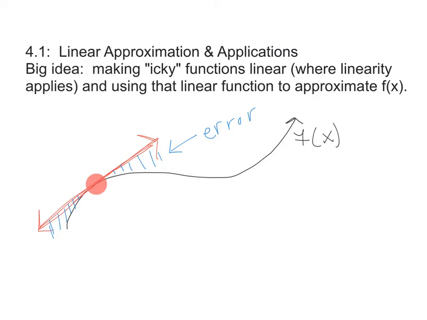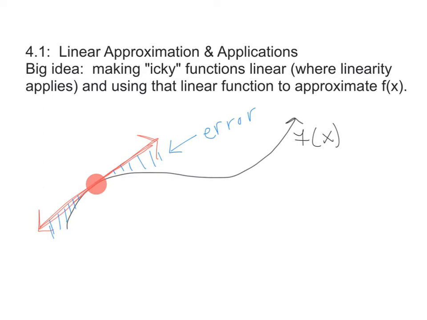It's no longer appropriate for me to use that linearization, that red line, that pink line, to approximate what f is doing, because all that blue, the farther away from that pink zone I get, the more error I've got when trying to use that line. So if I wanted to move out, it would be more appropriate for me to create another linearization, another tangent line.